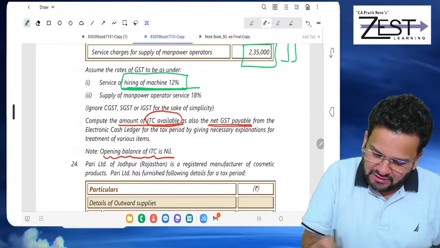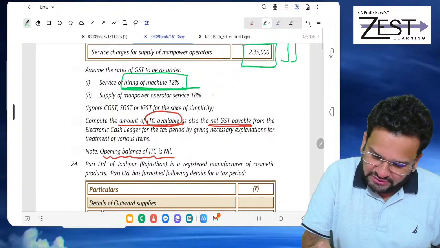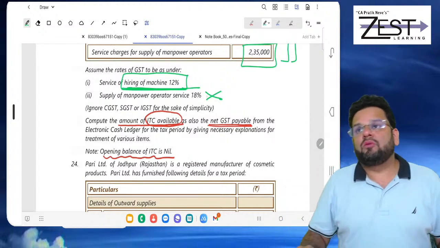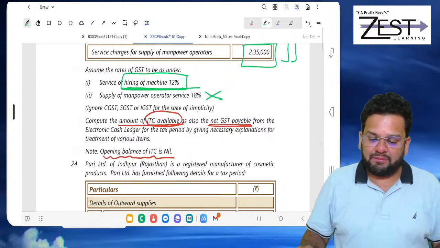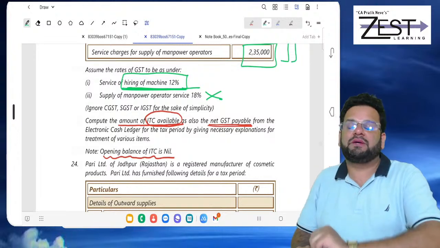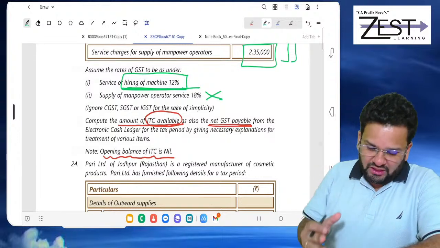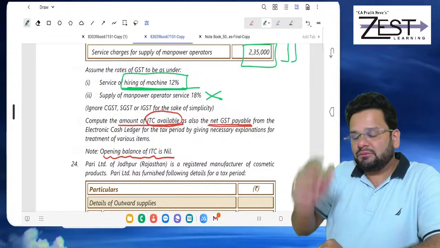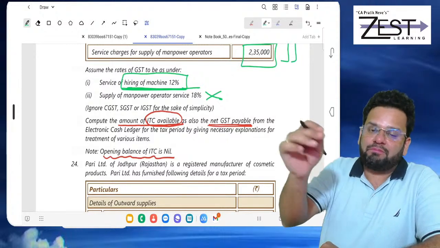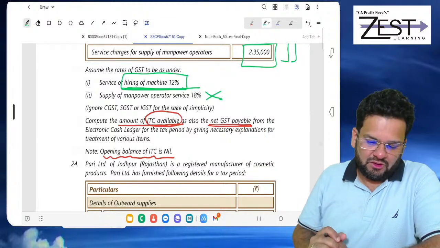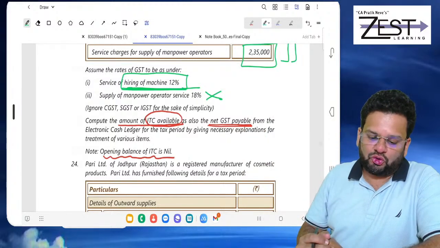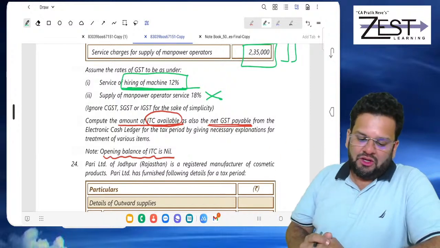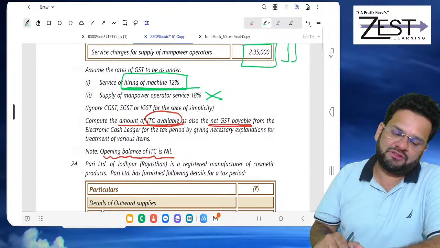Neglect this supply of manpower operator service. Okay. See, it's a composite supply. Composite supply because hiring of machine is main. Because you don't give only supply of manpower operator service. Whenever you hire a machine, it is along with manpower operator service. So to make hiring of machine operational, you have to give manpower operator service.